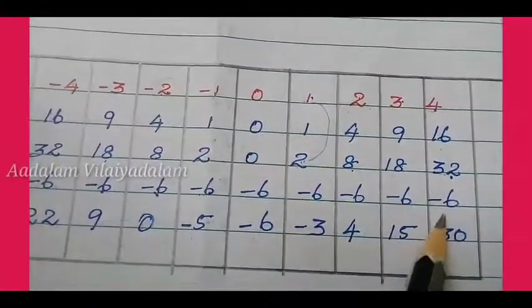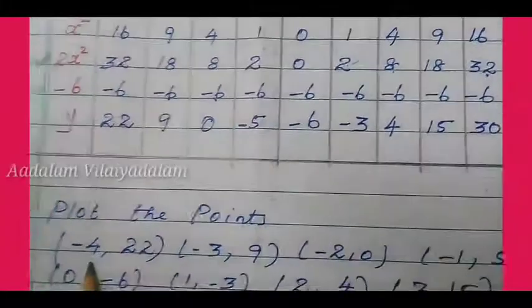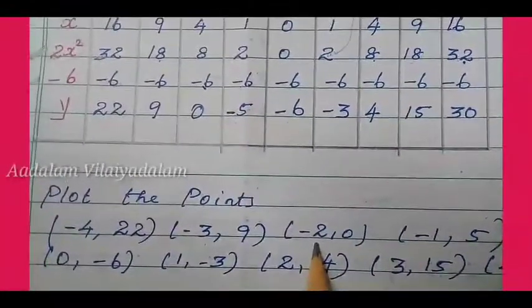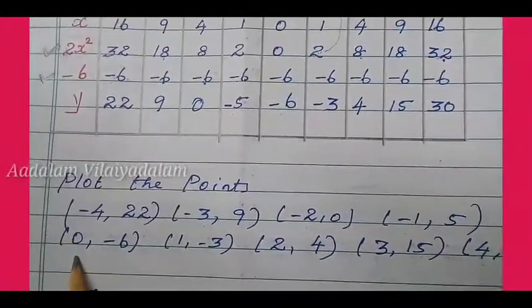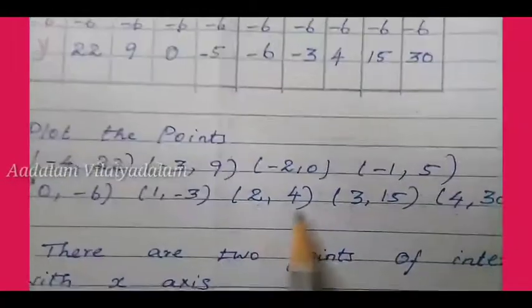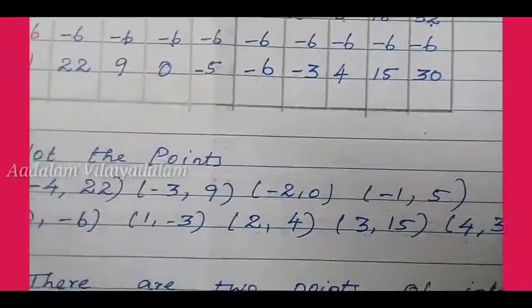So 36 minus 6, 30. So plot the points. The first point minus 4 comma 22, minus 3 comma 9, minus 2 comma 0, minus 1 comma minus 5, 0 comma minus 6, 1 comma minus 3, 2 comma 4, 3 comma 15, 4 comma 30.